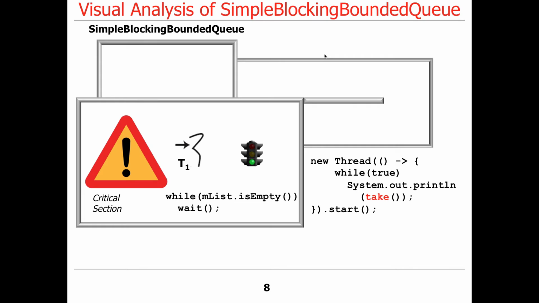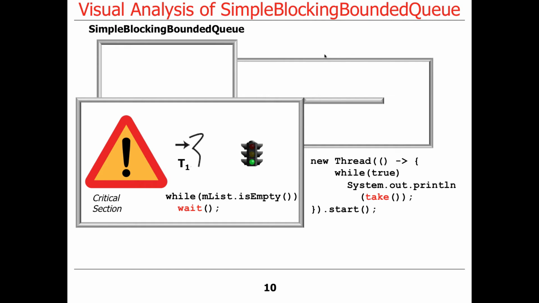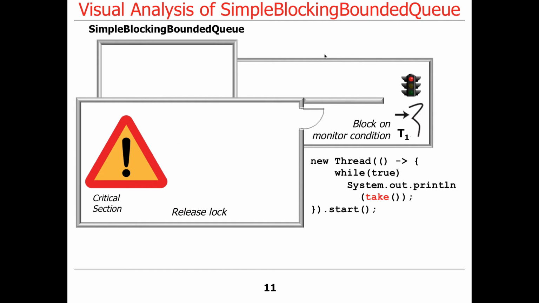And now, while the list is empty, we're going to have to wait. Let's assume for sake of argument the queue was empty, so the thread is going to have to wait. What's going to happen at that point is we move from the critical section, where we're running inside the monitor object, out to the wait queue, and that's going to put us to sleep.